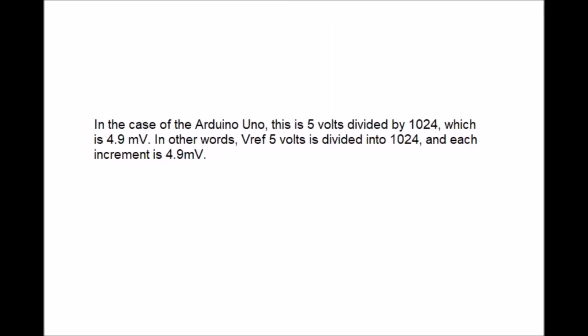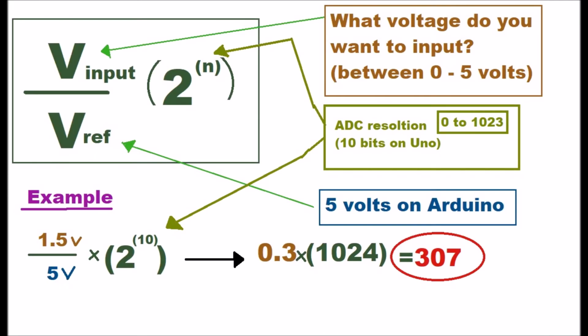In other words, Vref, 5 volts, is divided into 1024, and each increment is 4.9 millivolts. If this is confusing, here is a formula for calculating how an analog voltage is expressed according to the Uno's 10-bit resolution.